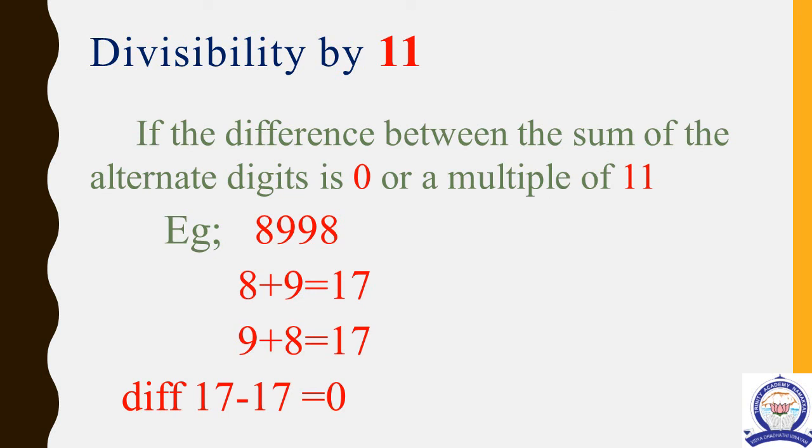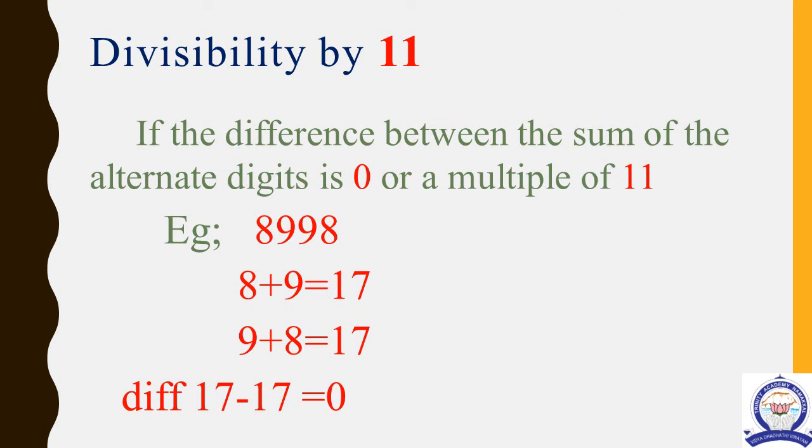Next, divisibility by 11. If the difference between the sums of the alternate digits is 0 or a multiple of 11. For example, 8,998.